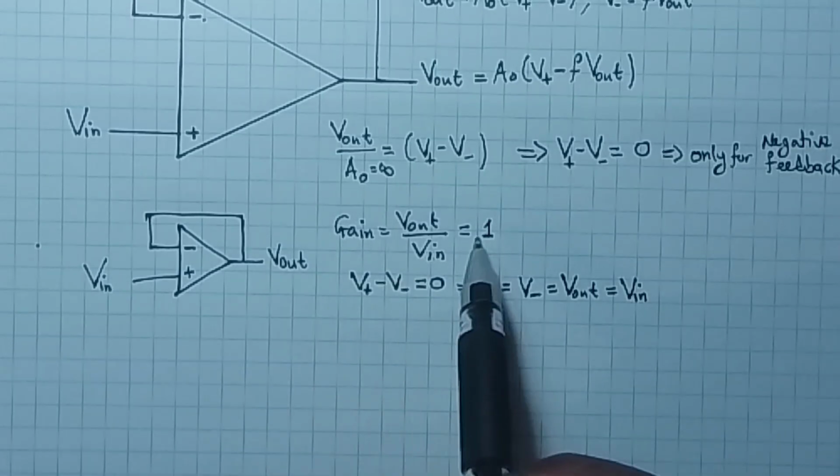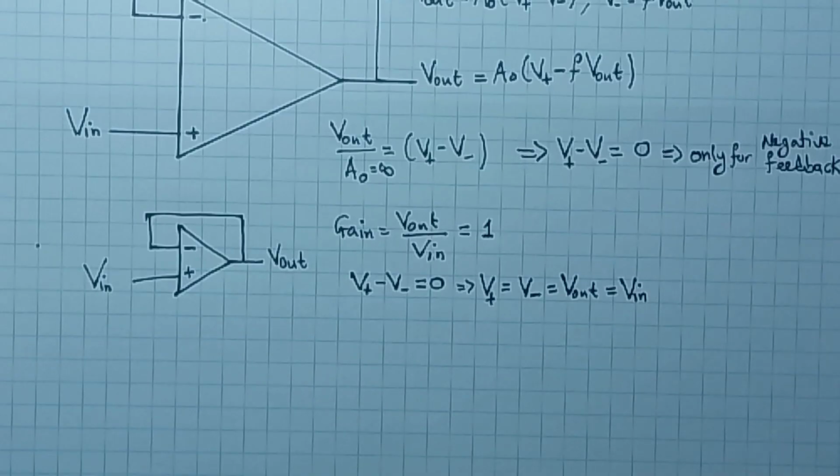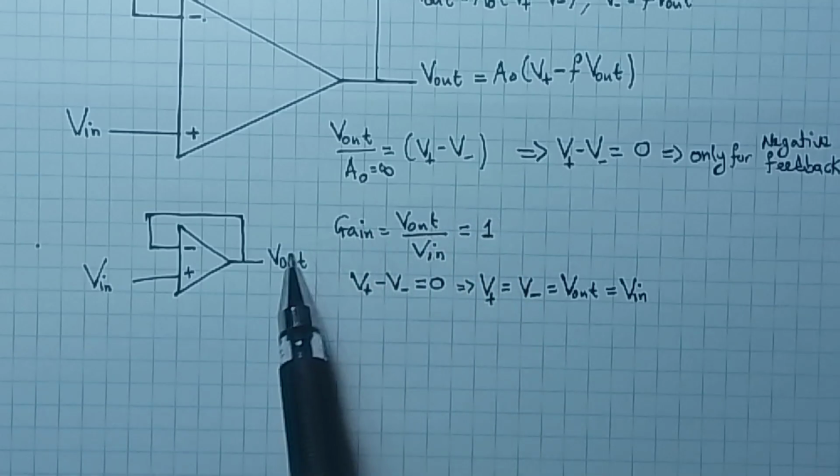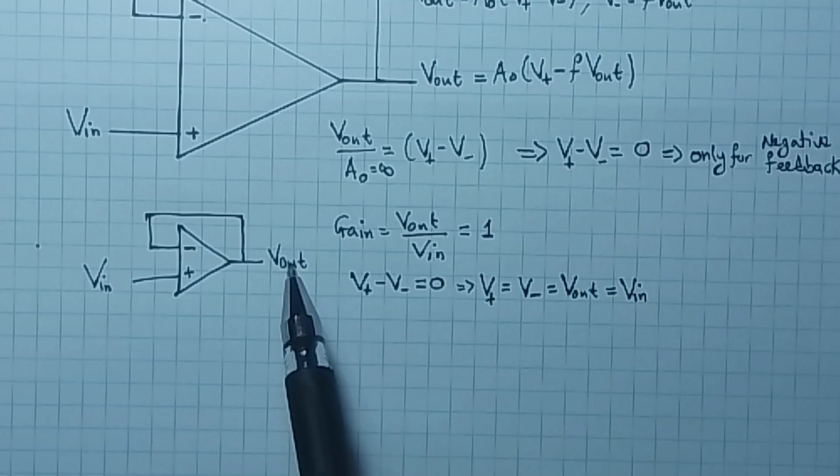A gain of 1 means that there is no amplification. Since there is no amplification, the op amp's output follows its input.